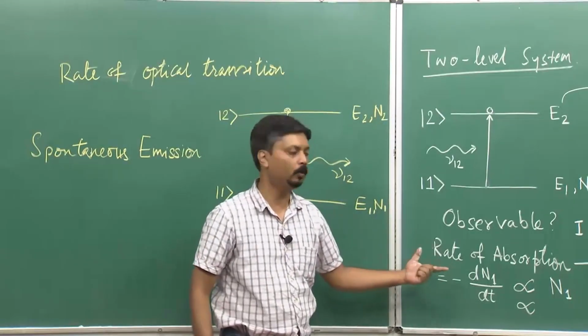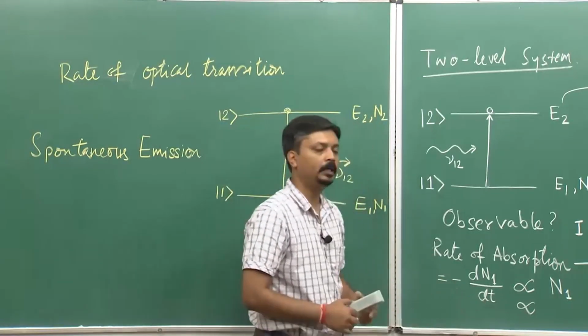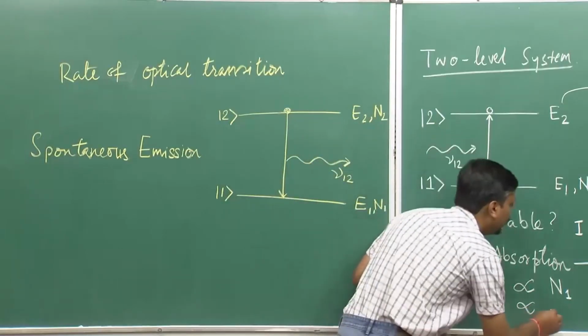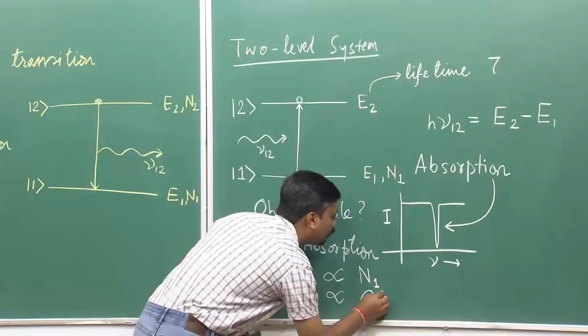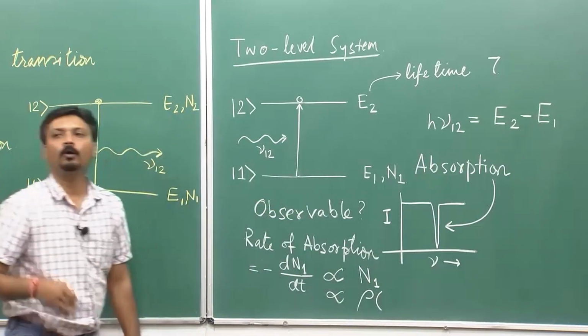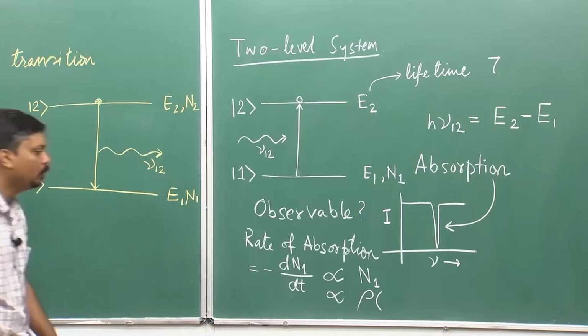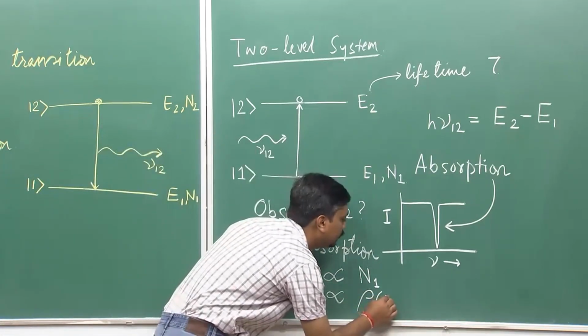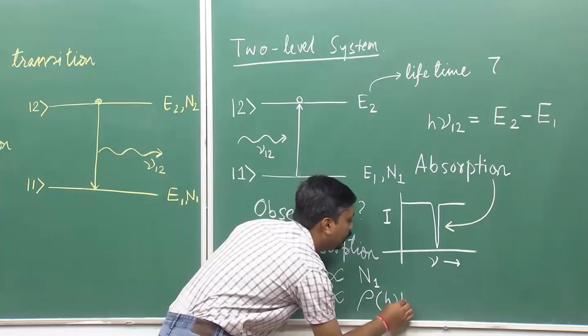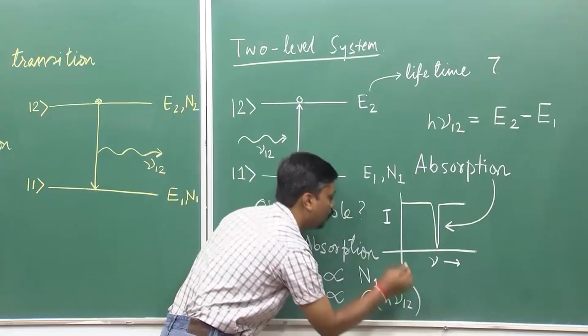So minus dN1 dt is proportional to the density of photons having frequency nu 1 2, and let me call this rho of h nu 1 2.